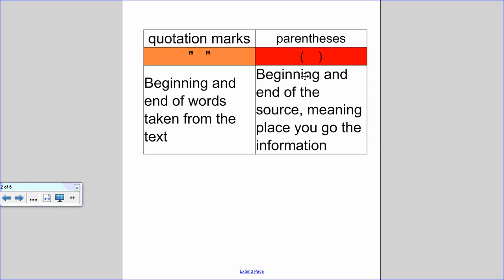After that, we use the parentheses. And inside these little parentheses, they look like little arms that are going to hug some information. Inside of them, you are going to put where or from whom you got that information.